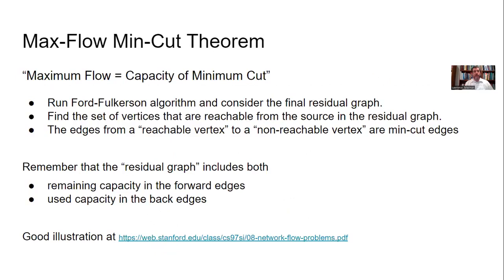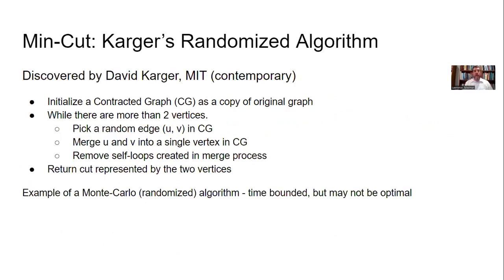It turns out that there is a relationship between the min cut and the max flow, because what is the max flow? It represents how much flow is going through there. All right, so here's our randomized algorithm.